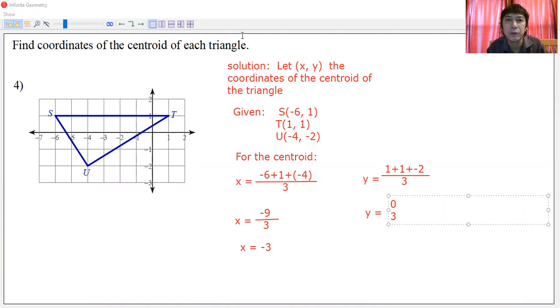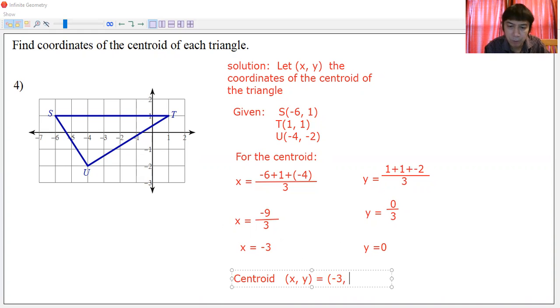And so that should be a fraction 0/3 with the result equal to 0. All right, so we have our centroid. This is our answer. Centroid x, y is equal to -3 and 0 there. And we enclose our answer over here.